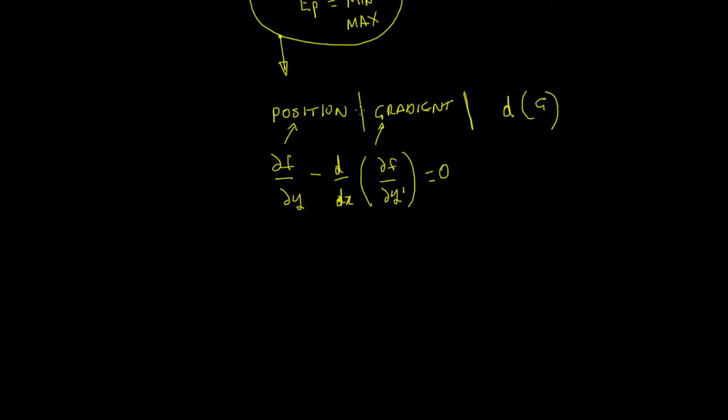So you could say that this test here is a necessary test to find out whether you have a local extremum, but it's not sufficient to tell you whether you actually do have a minimum or a maximum. You need another test for that, and that's what we're going to be looking at over the next few videos.